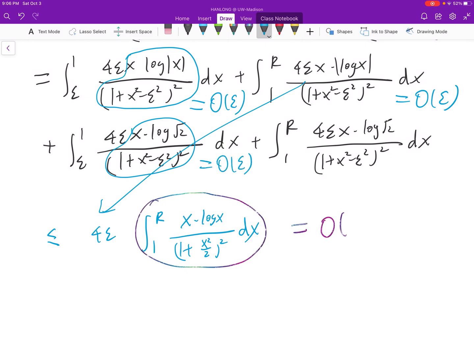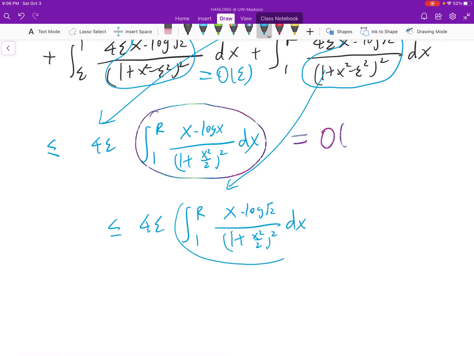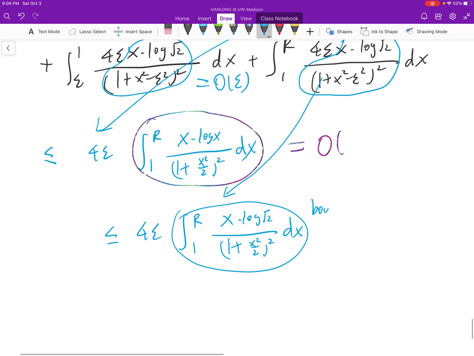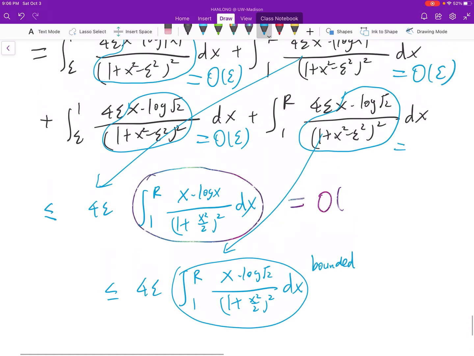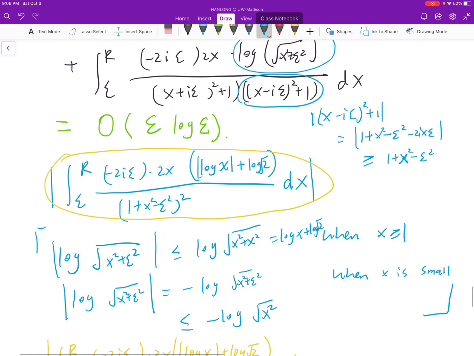And for this part, by the same argument, it's less than 4 epsilon times the integral from 1 to R of x log square root 2 over (1 plus x squared over 2) squared, dx. This is bounded. Therefore, it's also O of epsilon. Okay, now we turn back to what we have. Eventually, we show that the yellow part is O of epsilon.